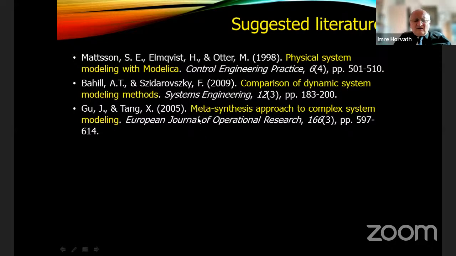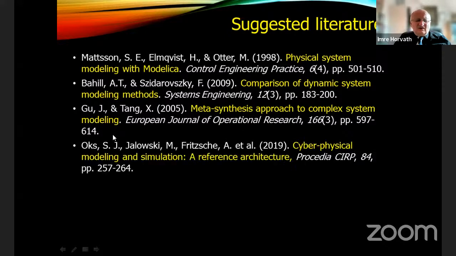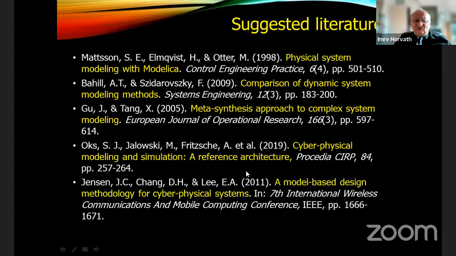Then Gu and Tang's paper, a metasynthesis approach to complex system modeling, might be useful for many of you. Then there is a multi-author paper, cyber-physical modeling and simulation. And the last one is from the laboratory of Professor Edward Lee, on model-based design methodology for cyber-physical systems.